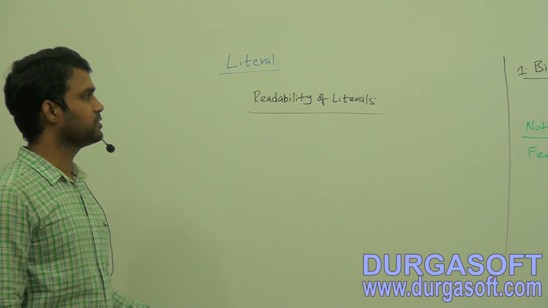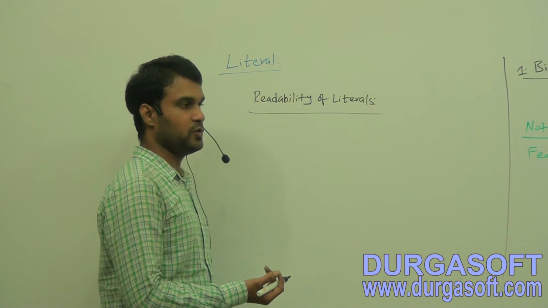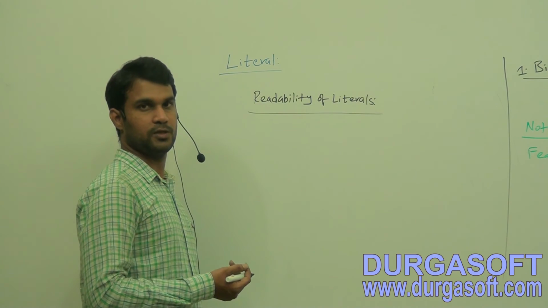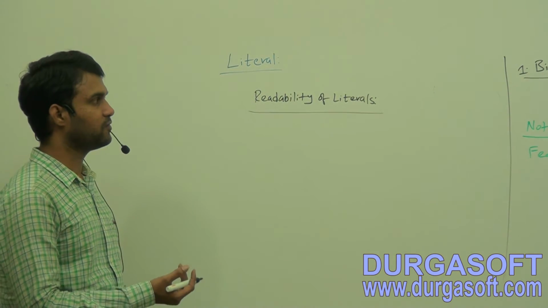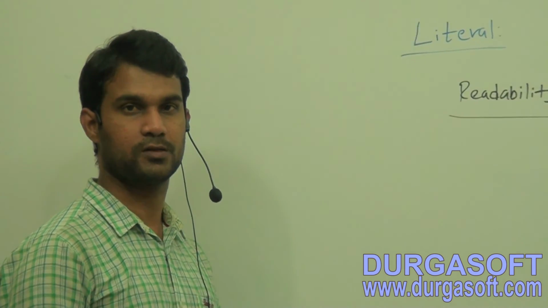How can we improve the readability of literals? Simple thing: in the middle of the literal value, we have to provide one more symbol called the underscore symbol.